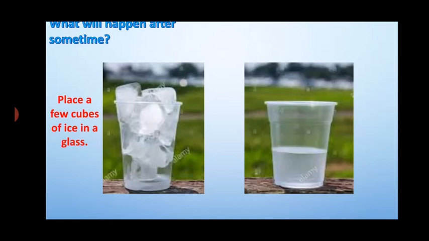After 10 minutes, if you go and look at the glass in which these ice cubes are kept, what will happen to the ice? The ice has melted. Can you see? There is no more ice in this glass. This is the same glass in which you kept ice outside, but now there is no ice.